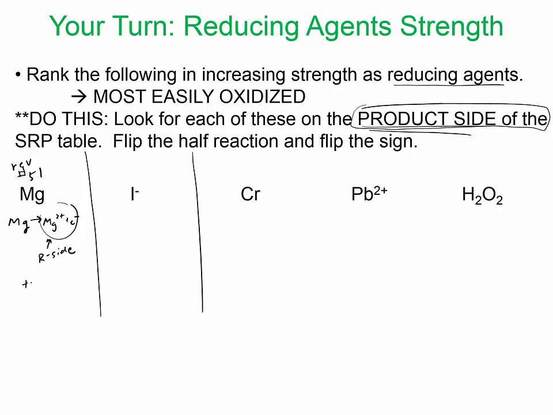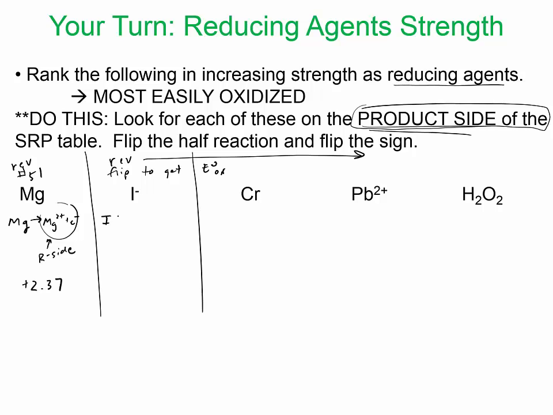So we reverse the reaction and change the sign of the voltage. Reverse all of them and then flip the reduction potential to get the oxidation half reaction.